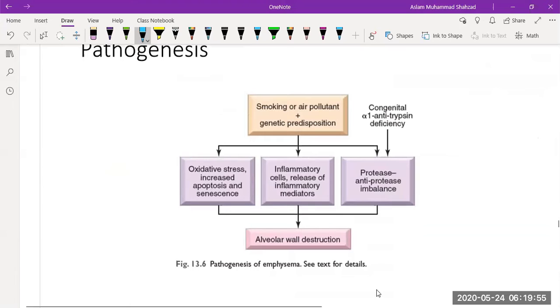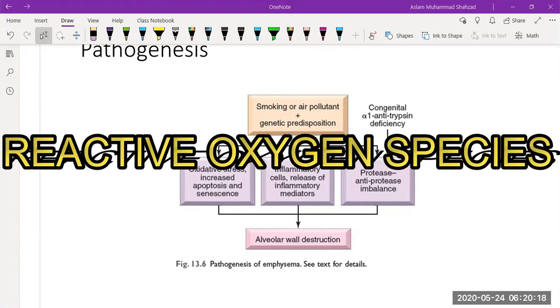How can we explain the pathogenesis? The pathogenesis of emphysema is very important because it is caused by a number of irritants. And what are the irritants? It could be smoking. If a person is smoking, cigarette smoking and inhaled particles are responsible for oxidative stress, which we can call reactive oxygen species.